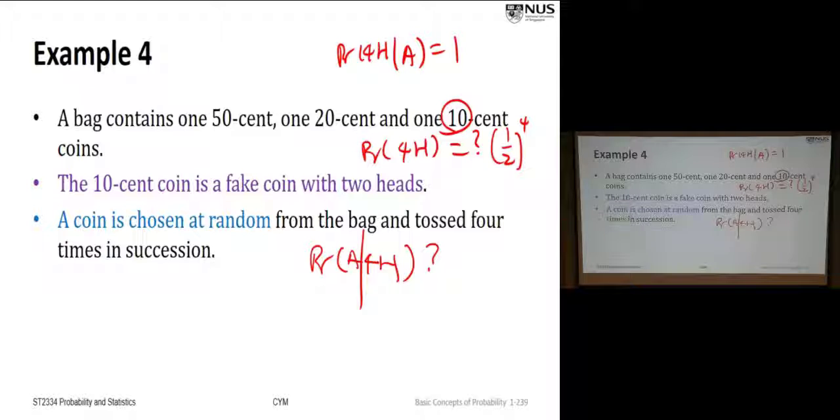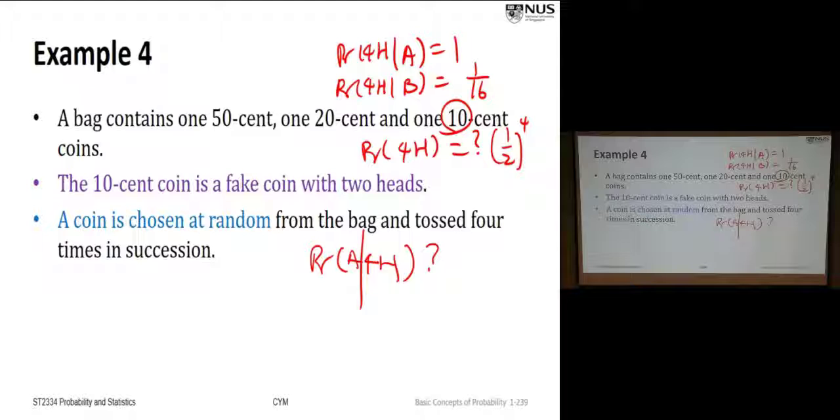How about the others? If it is a 20 cents coin, a fair, normal coin, then the chance is 1/16. Because it's fair, you may get head, tail, things like that. So the chance of getting 4 heads together is 1/2 raised to power 4.